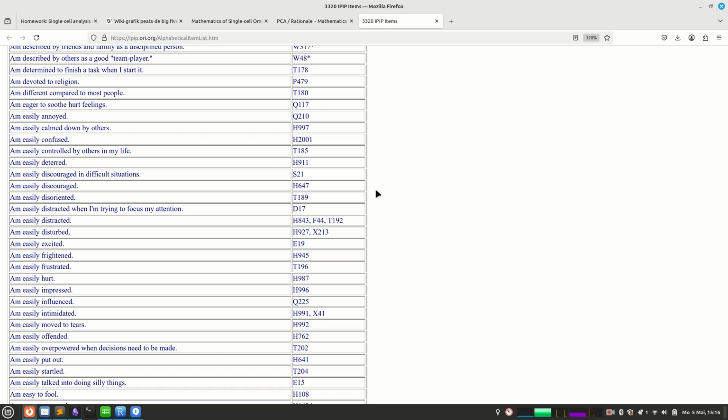So once we take all this data and put it together and ask many thousands of people to fill out our questionnaire, we can ask which questions might be correlated and which questions might not.